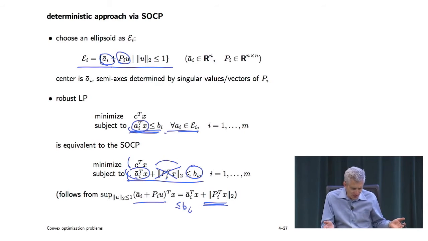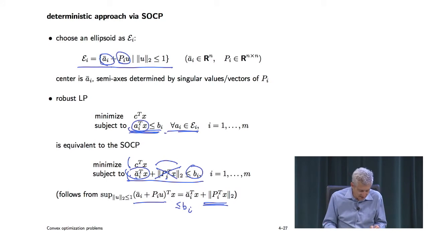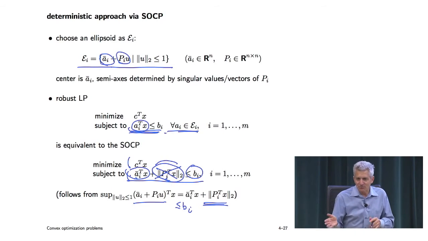Even if a_i changes hugely? The answer is no, not at all, because a_i transpose times 0 is 0. So if x is 0, you don't have to worry about variations in a. Whereas if x is big, you do, because roughly they get multiplied together. So this says the margin has to scale with x, and it even scales with the shape. If x moves in a direction where the ellipsoid is very big, then you have to have more margin than if you moved in another direction.